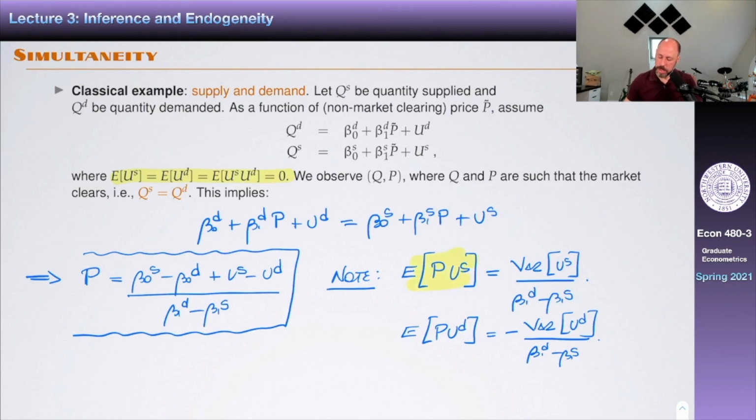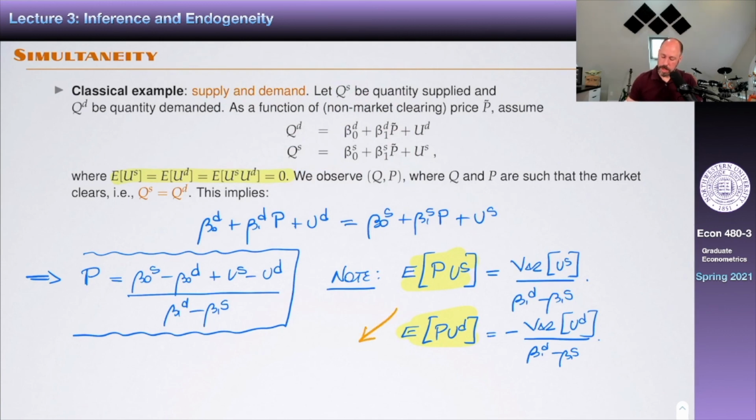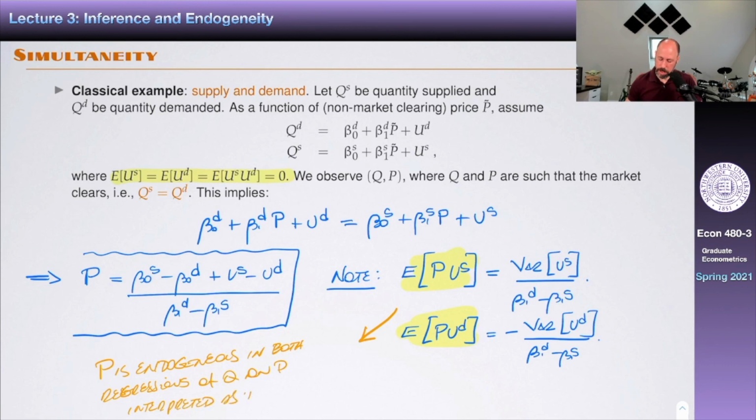So what these two things mean then is that P is endogenous in both regressions of Q on P interpreted as demand or supply equations.